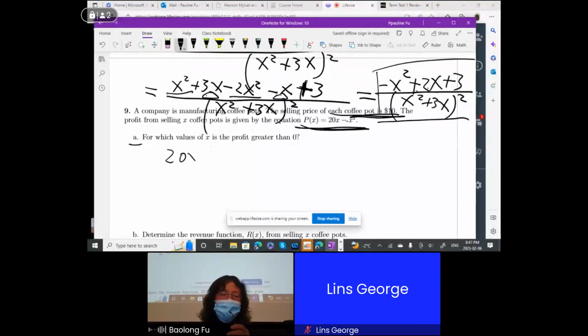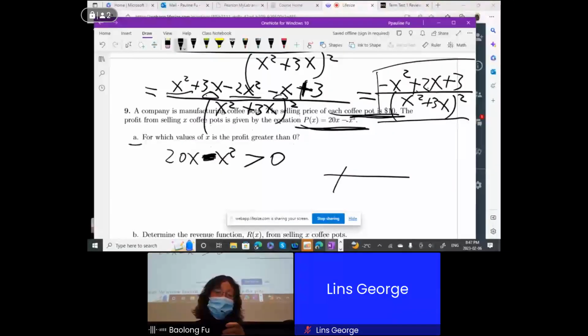You just need to solve this inequality. And remember, this is a quadratic function. The coefficient of x squared is negative, so this quadratic function must be concave down.